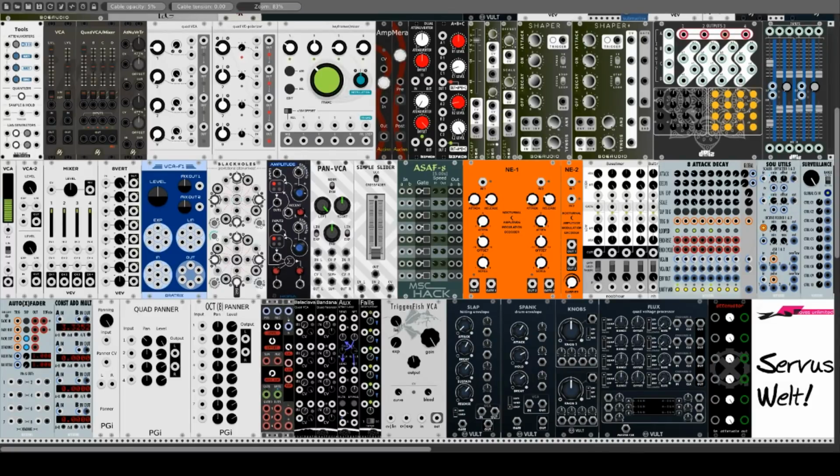VCO for sound generation, VCF for sound design, VCA to influence the volume of the sound, and an envelope generator to control a temporal change of the sound and also the volume, because some sounds should start immediately and others have a settling time, and the same applies to the reverberation.